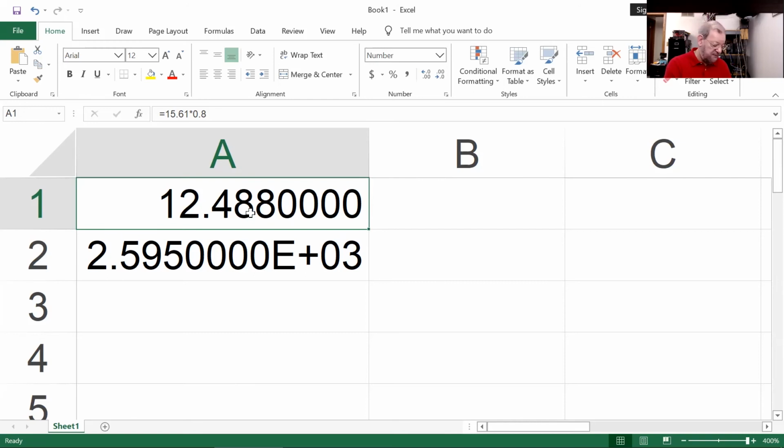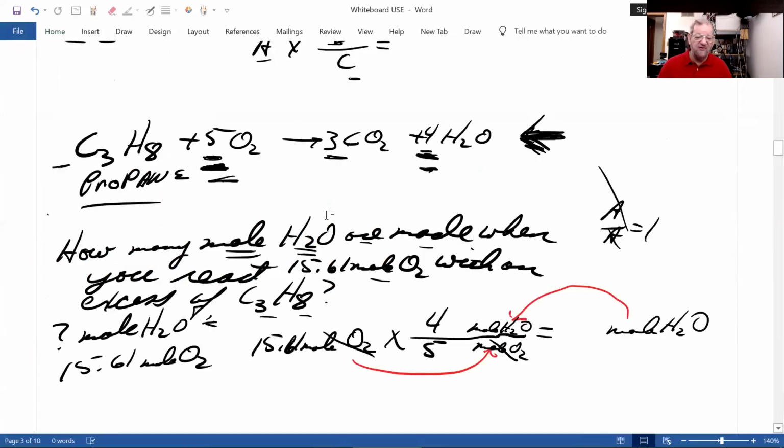So I get 12.49 moles, which now I can go back to my answer, my sheet, and know I would make 12.49 moles of water. And that's how you do it.